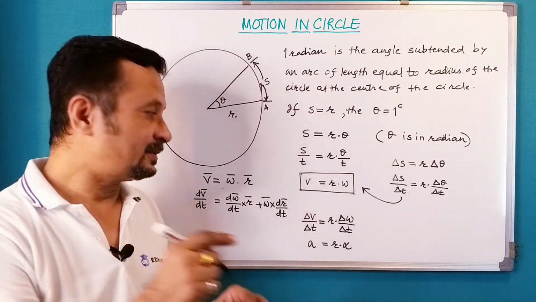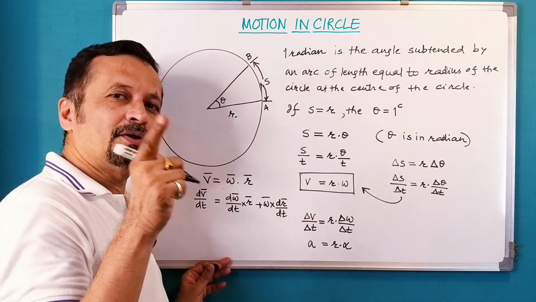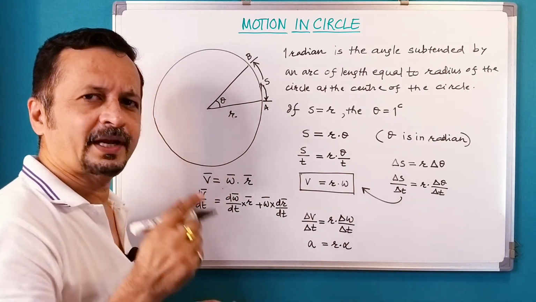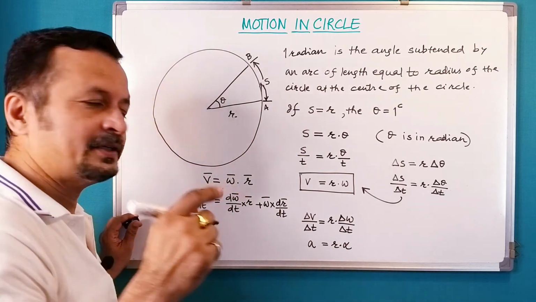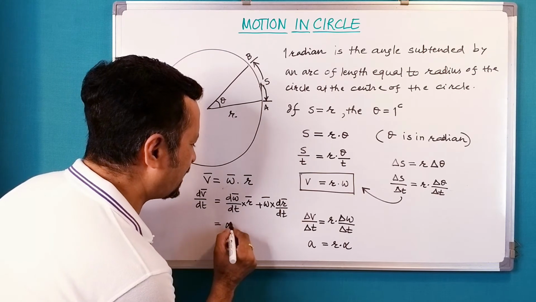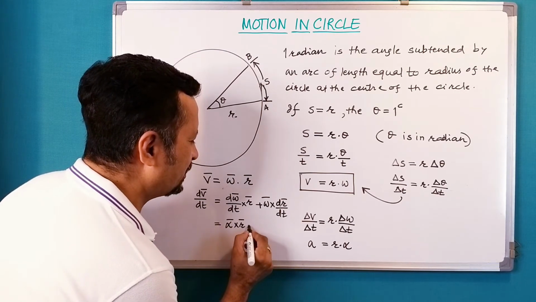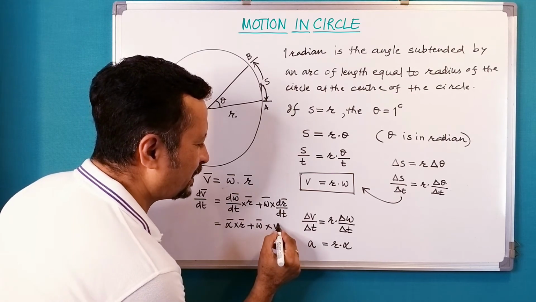Now over here it is derivative of your radius vector or position vector, and that would give me the velocity. And d omega bar by dt would give me angular acceleration. So this would be alpha bar cross r bar plus omega bar cross v bar.